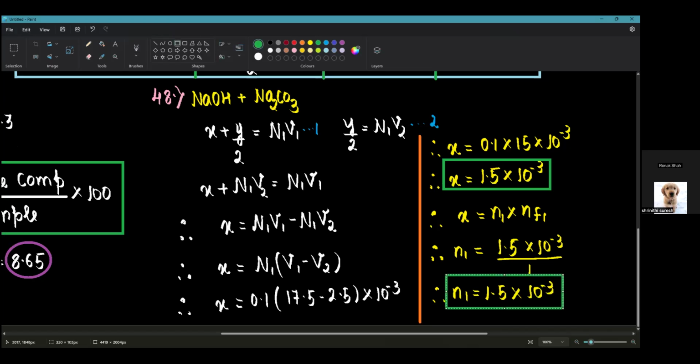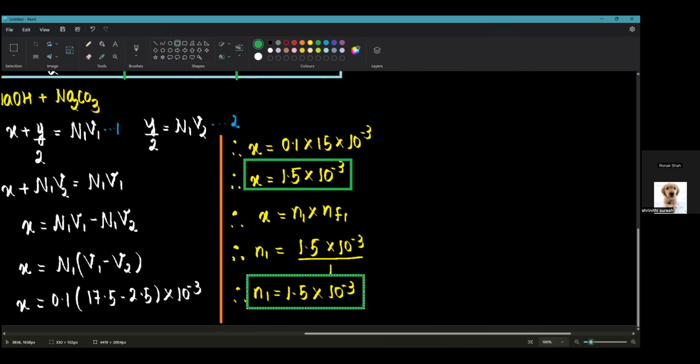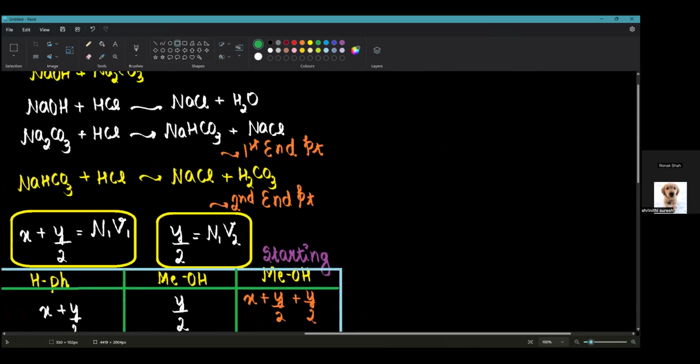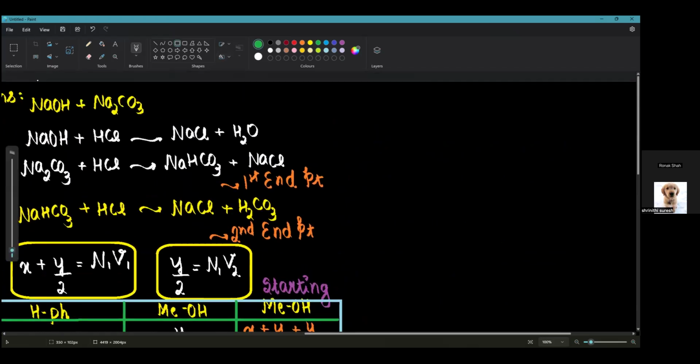These are the number of moles, but you are told to find the mass. You have to find the value of mass, so I'm writing it down over here. So mass of NaOH.